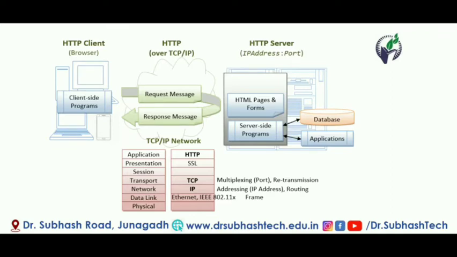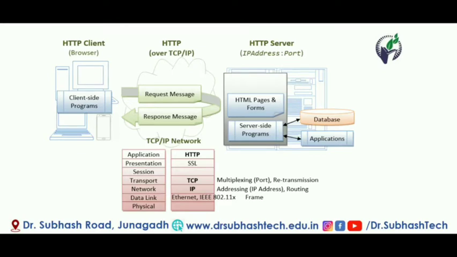The server then sends the response back to the client via the internet, or we can say the HTTP protocol or TCP IP network. When the data is sent through the internet, there are 7 layers. First is the physical layer, second the data link layer, third the network layer, then the transport layer, session layer, presentation layer and application layer.